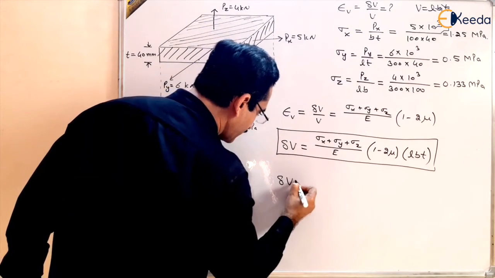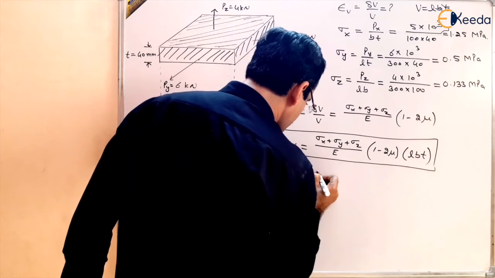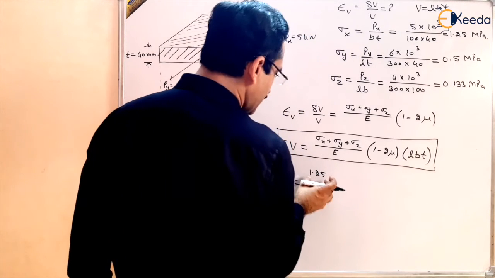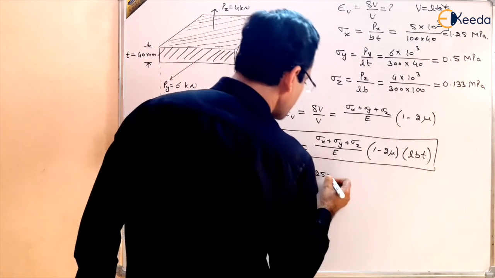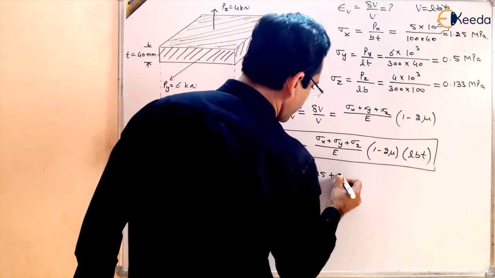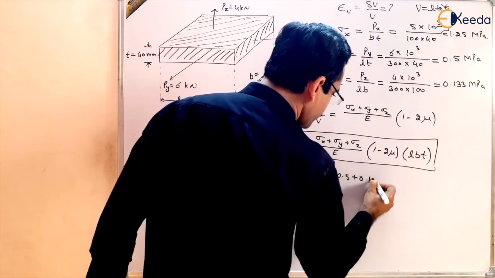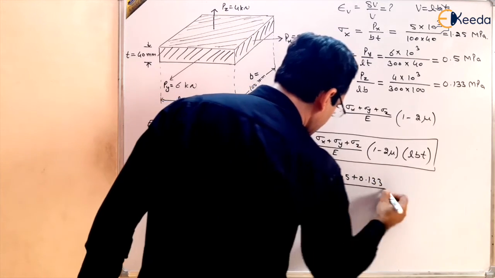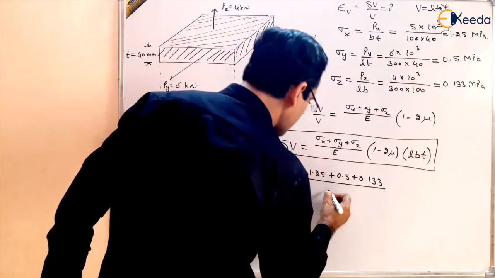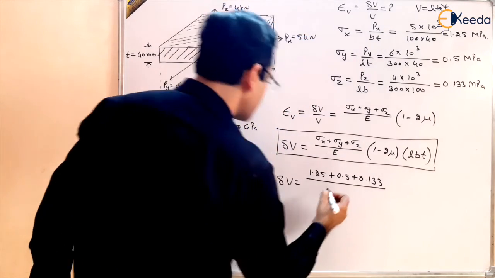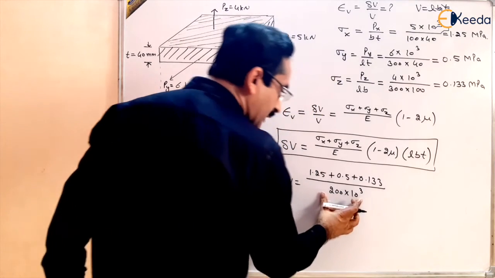So delta V will be equal to sigma x 1.25. We are taking megapascal, so E should also be taken in megapascal. So 1.25 plus sigma y 0.5 plus sigma z 0.133 divided by E. Modulus of elasticity is given 200 gigapascal, which is 200 multiplied by 10 power 3 megapascal.